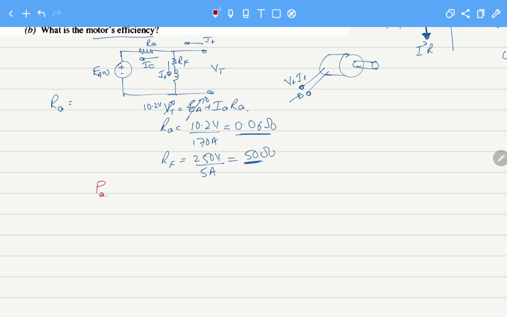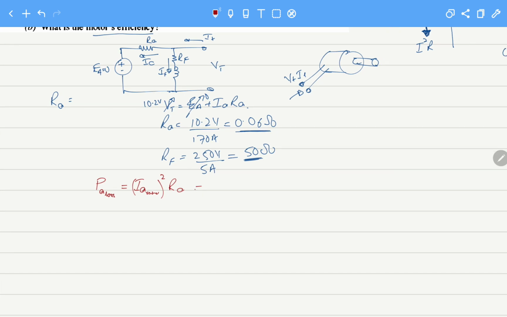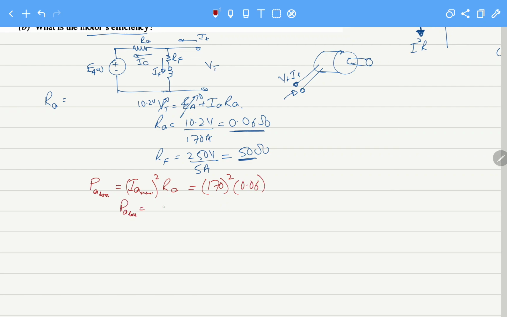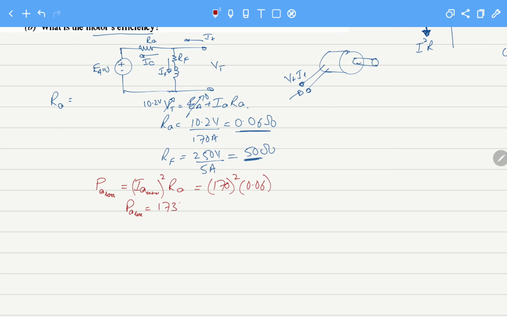P armature loss equals IA rated square times RA, that is 170 square times 0.06. So P armature loss equals 1734 watts.